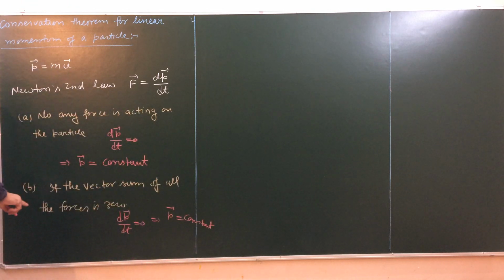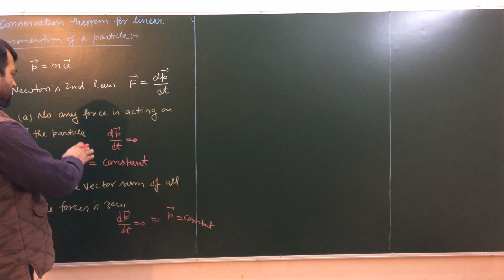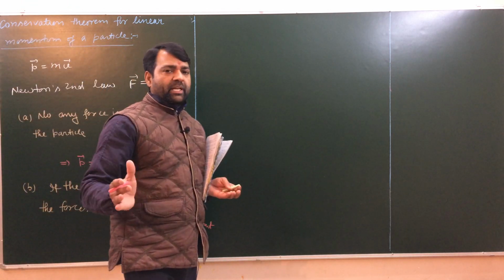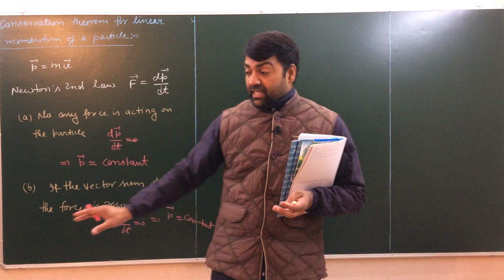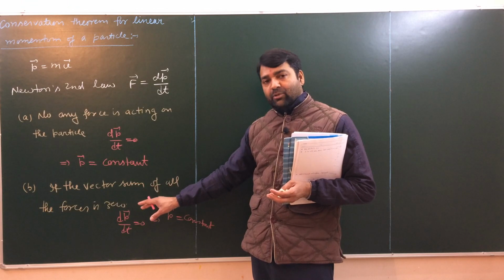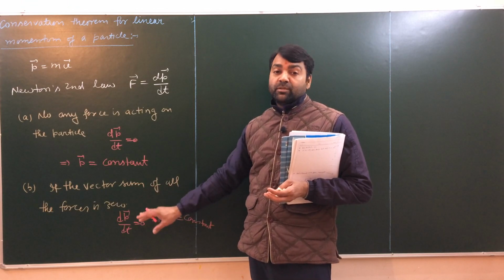So student, these are two different conditions. In the first condition the particle is a free particle, free from any type of force. In the second case, various forces may act on the particle, but the resultant will be 0.